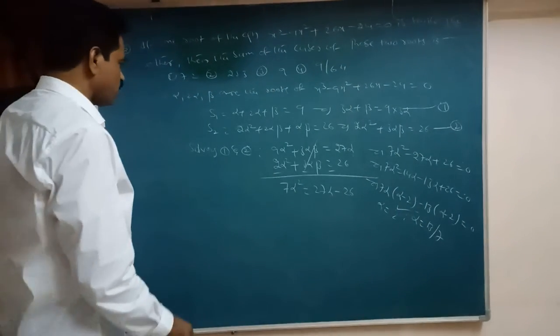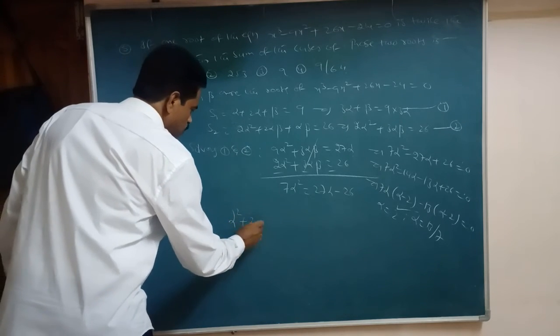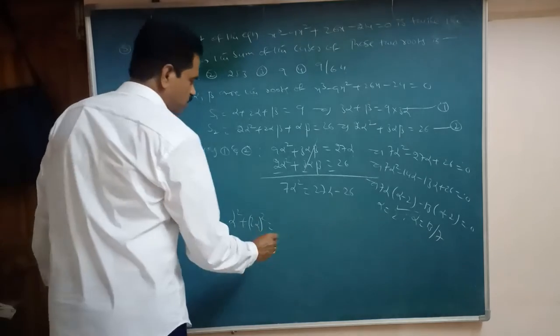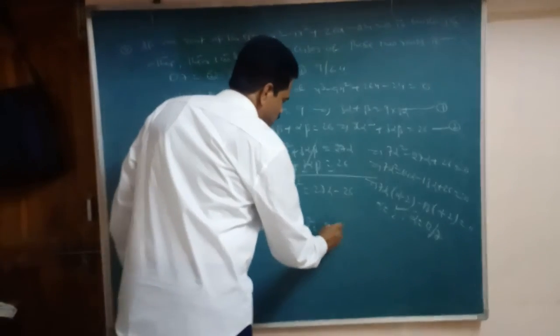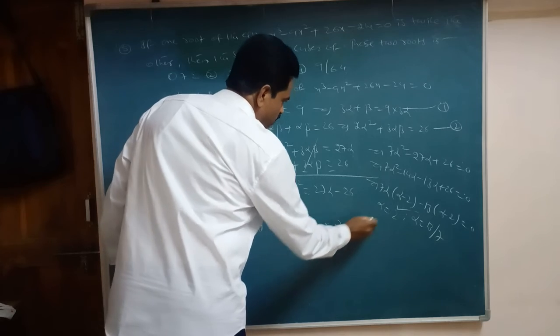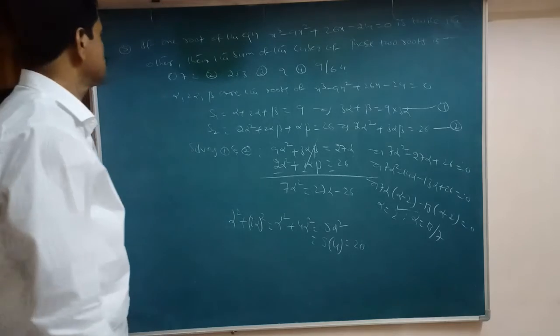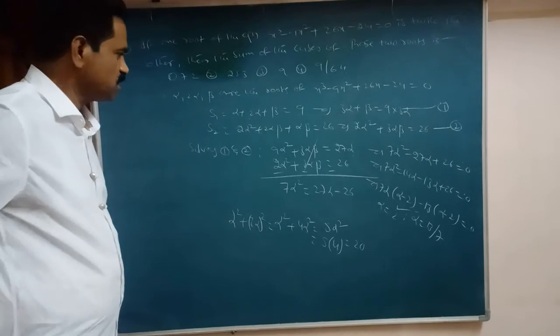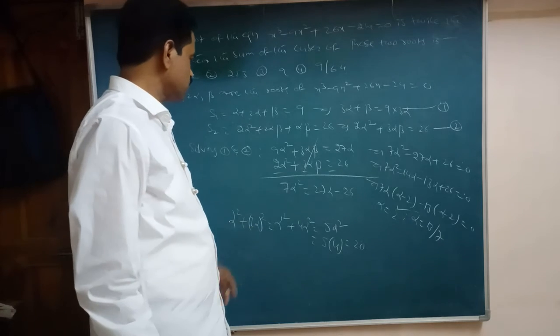So alpha equal to 2 is what we found. Now we have to find alpha square plus 2 alpha square, that is alpha square plus 4 alpha square, which is 5 alpha square.